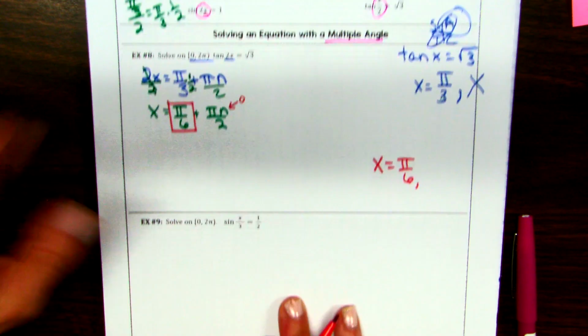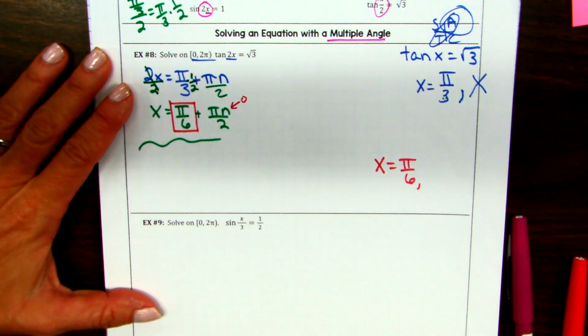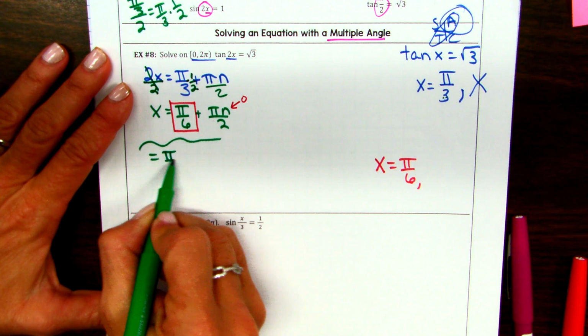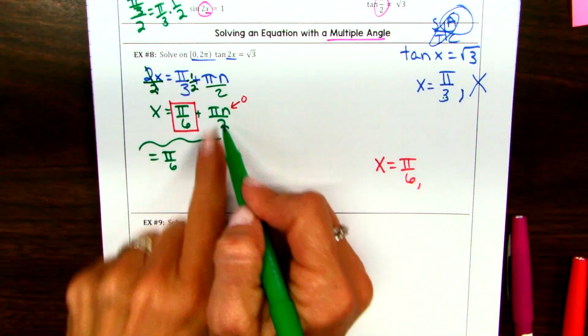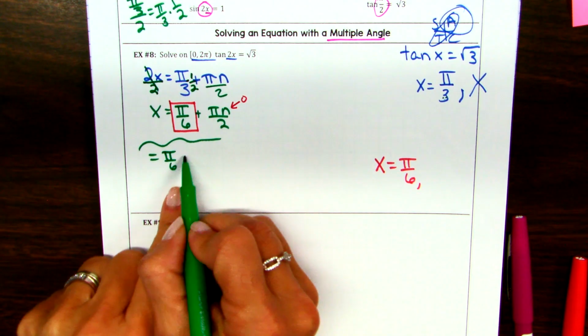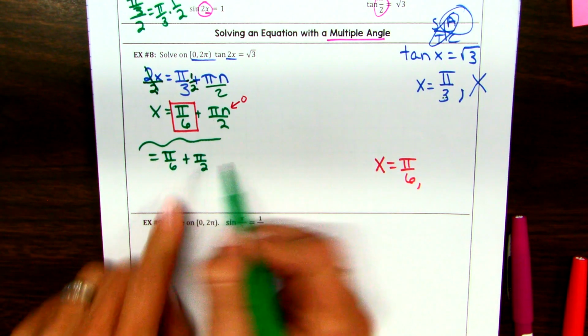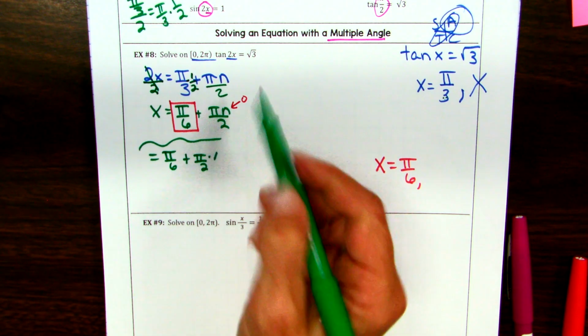Okay, stay with me. Now I'm going to find the next one. So right now, I'm at pi over 6, right? That's where I am on the unit circle. And I want to go another n away. So what am I going to make n in this one right here? If I was at 0, what would the next one be? 1. Right? 0 is just where you start.